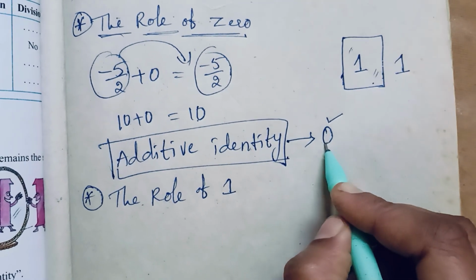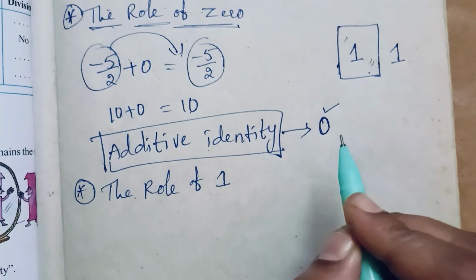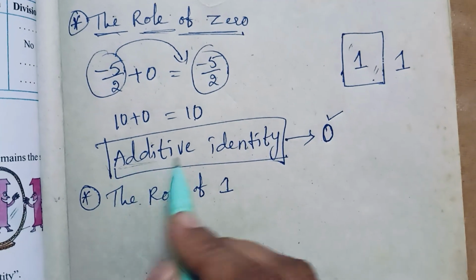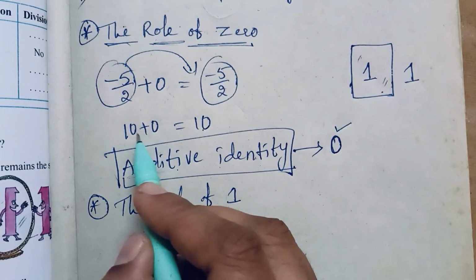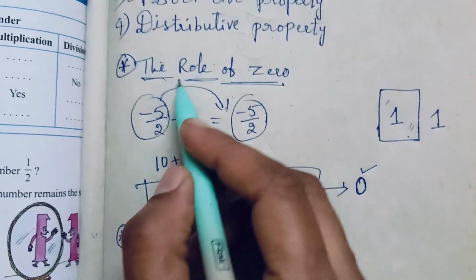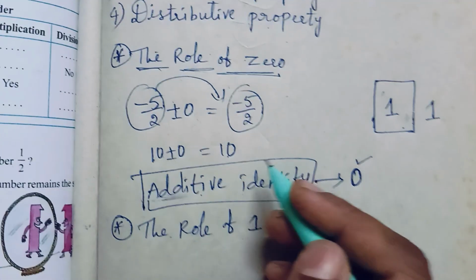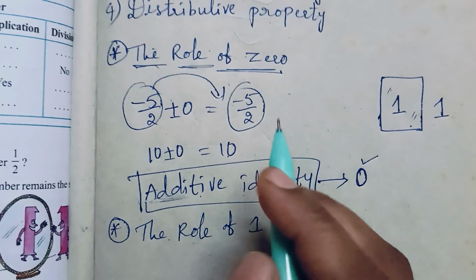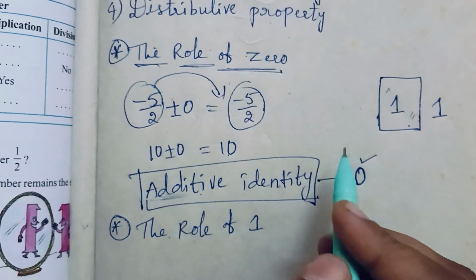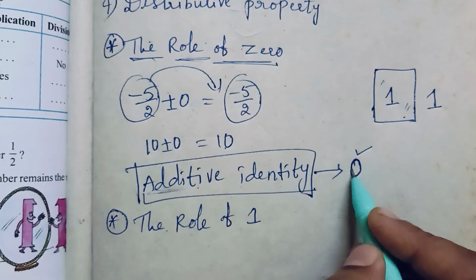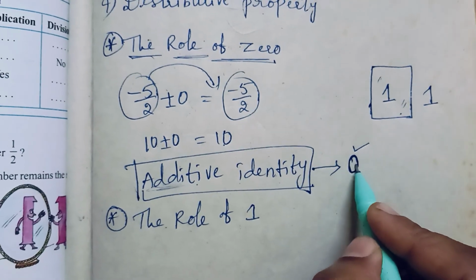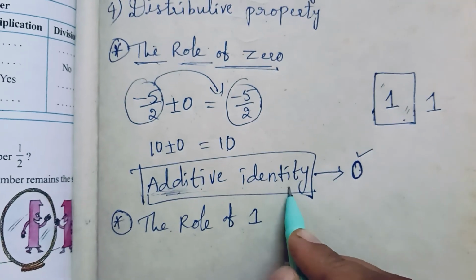Here, additive means we are adding only, plus only we are doing. If we do addition of 0 to any number, the same number will be obtained. So the number is not changed, no? So that's why 0 is called an additive identity.